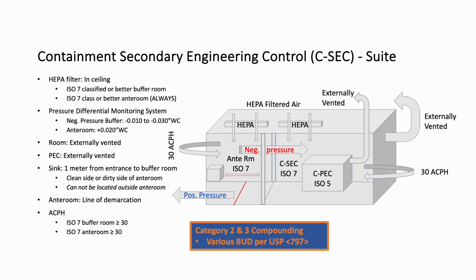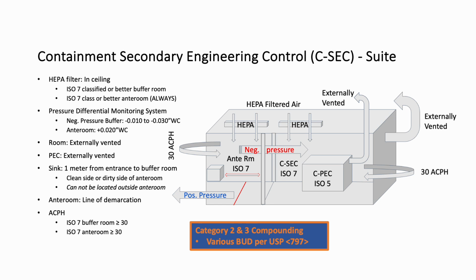The negative pressure buffer room must be between negative 0.010 and negative 0.030 water column. The anteroom will be a positive pressure of a positive 0.020 water column. The negative pressure buffer room must be externally vented to the exterior of the facility, and the CPEC, or the biological safety cabinet, must also be externally vented to the exterior of the facility.